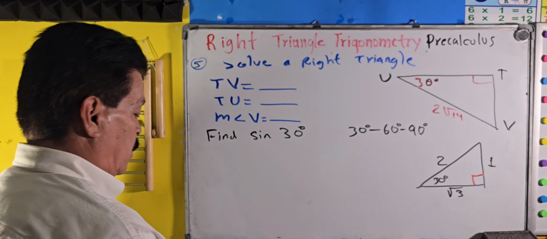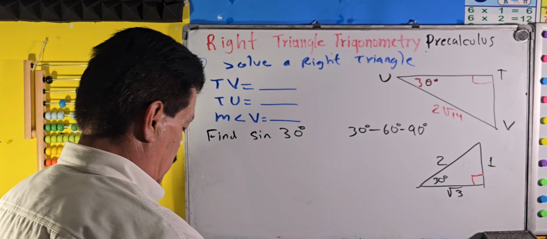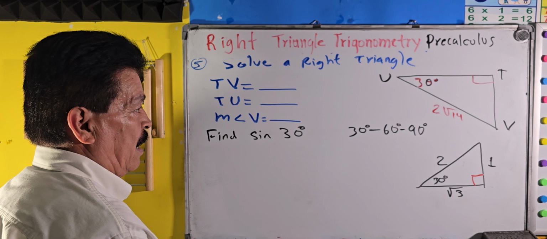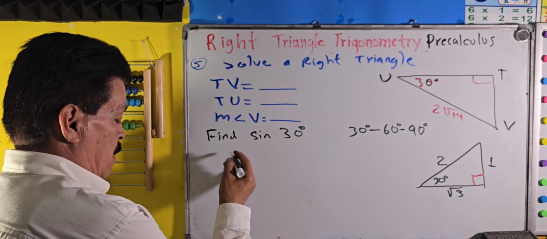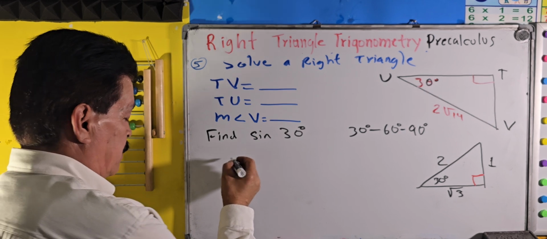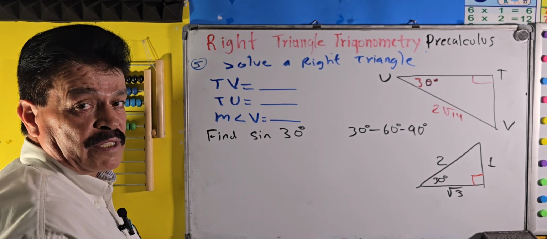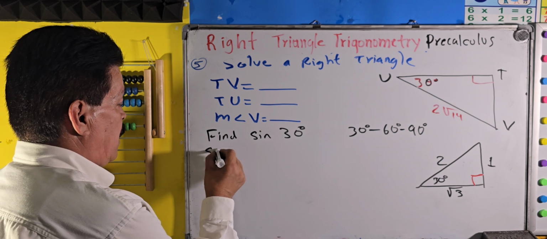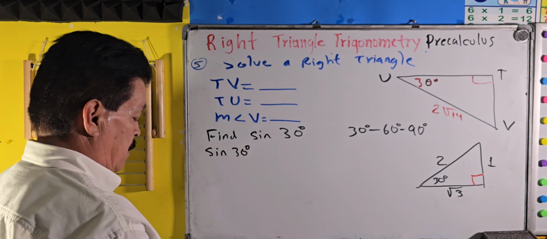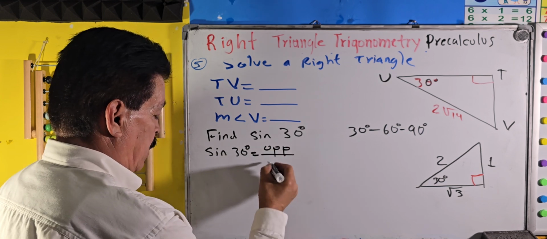So to calculate the sine of 30 degrees, it's going to be a large process, okay? So I will solve section by section. The first one, the sine of 30 degrees is equal to, remember, the opposite divided by hypotenuse.